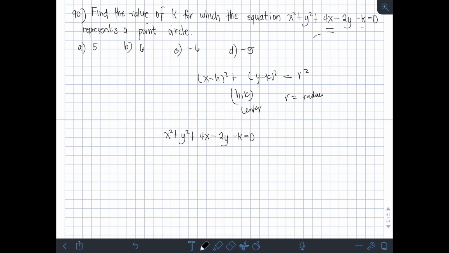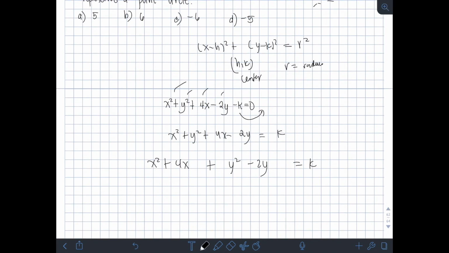Okay? So, unang step is itong k na constant, i-transpose ko sa right side. So, x square plus y square plus 4x minus 2y equals k. And then, pagsamahin ko yung may mga x saka may mga y. So, x square plus 4x plus y square minus 2y equals k.